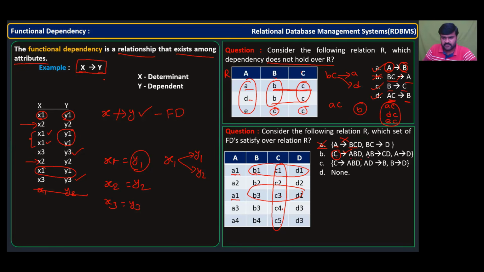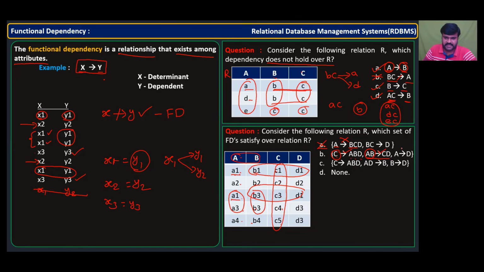Now take another FD, AB derives CD. AB: A1, B1, and A2, B2, A1, B3, A3, B3, A4, B4. Here only B3 is repeated, but the combination is not repeated, so every combination of AB is distinct. So this is also a valid FD.